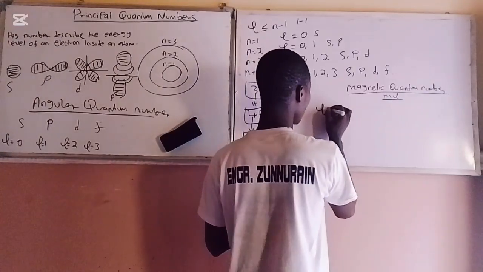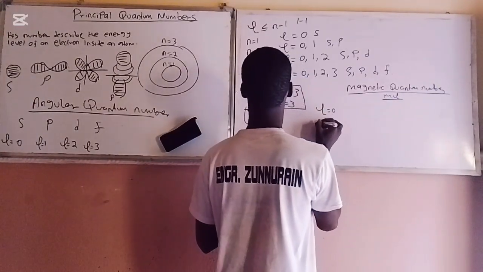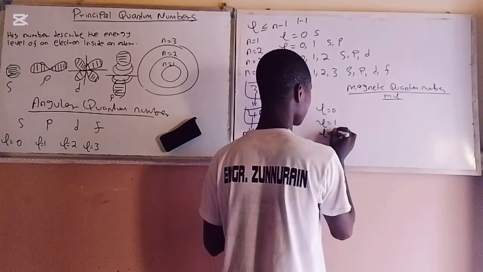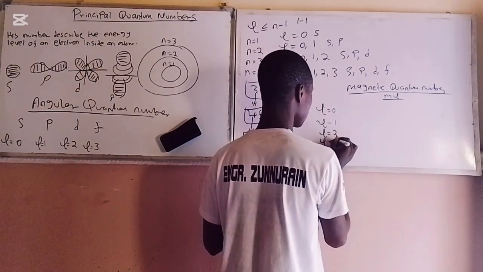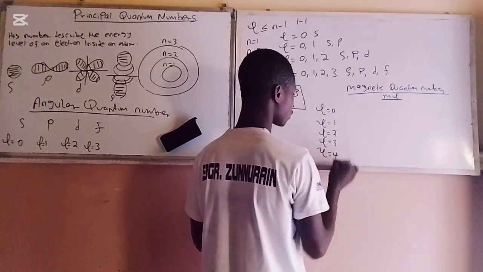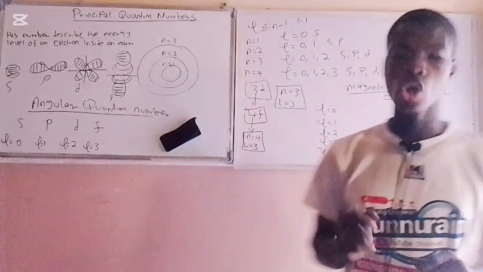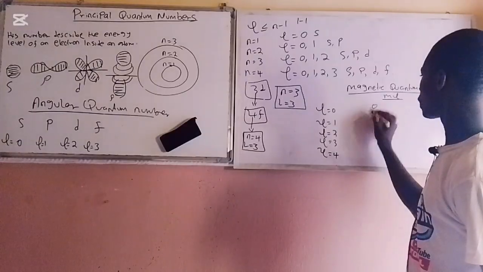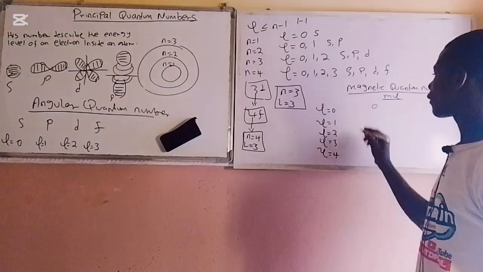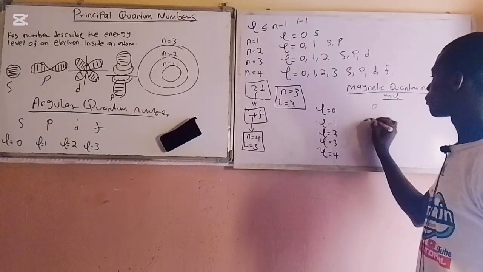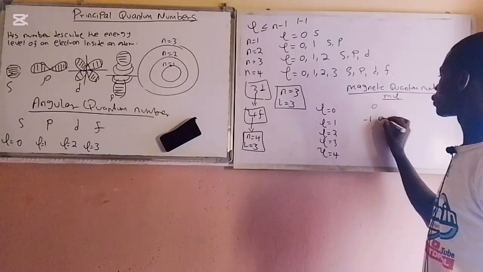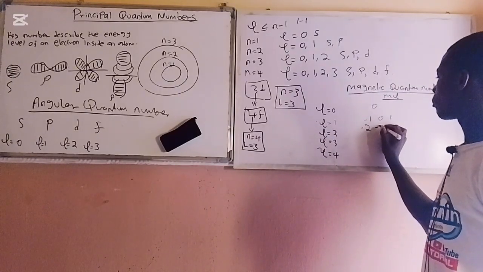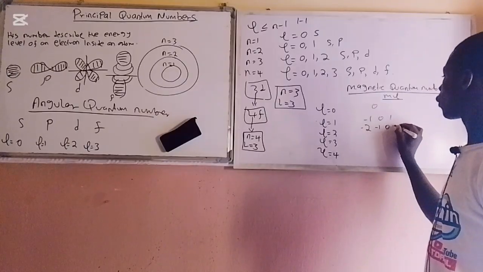Whenever I have l equal to 0, l equal to 1, l equal to 2, l equal to 3, and l equal to 4, what will be the magnetic quantum number? The magnetic quantum number of l equal to 0 will be 0. For l equal to 1, this shall now be minus 1, 0 and 1. For l equal to 2, the magnetic quantum number shall now be minus 2, minus 1, 0, 1 and 2.